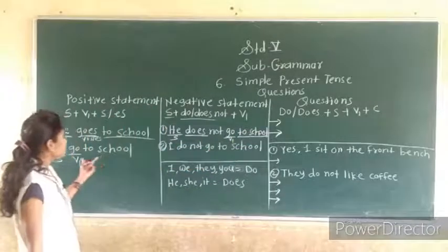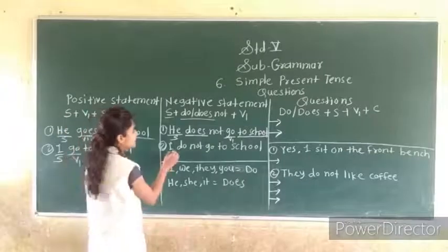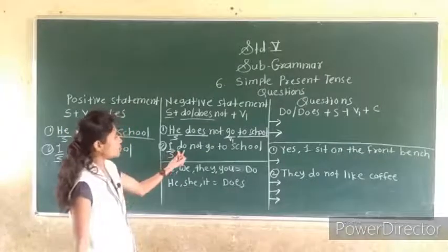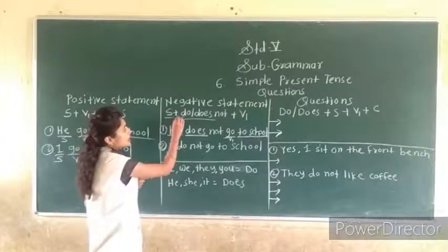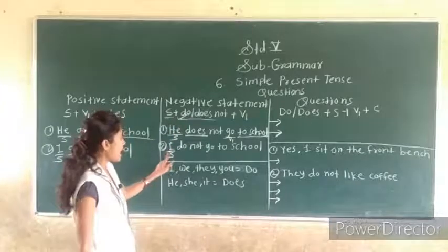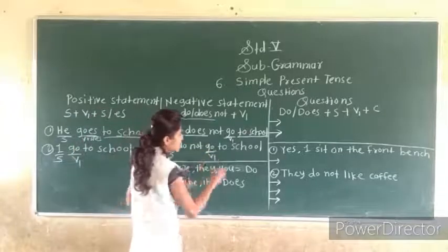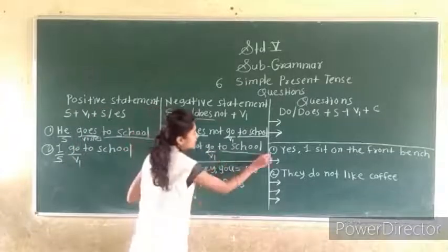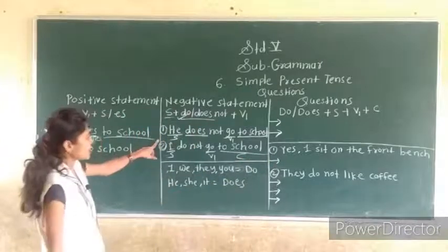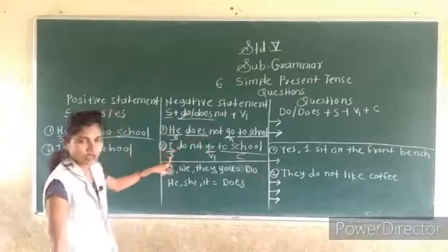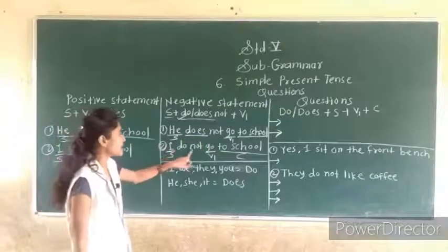Next, same with the plural. I is plural, that is the subject. It is plural, so I use there do. I do not go, that is verb 1, to school. School is the complement. So see now, only if it is singular use does not; if it is plural after the subject use do not.